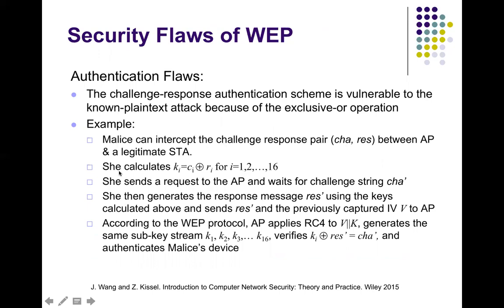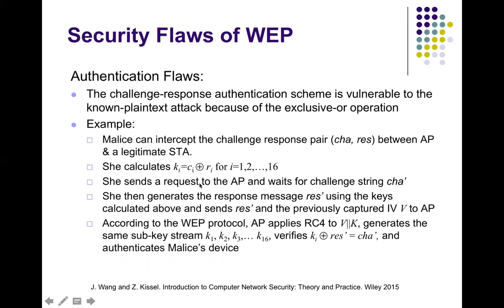Then the attacker calculates C sub I exclusive OR R sub I, where C sub I is the i-th byte of the challenge. So then you get K sub I. Then she sends a request to the AP and waits for the challenge string. So this is a non-legitimate STA. Malice is non-legitimate.